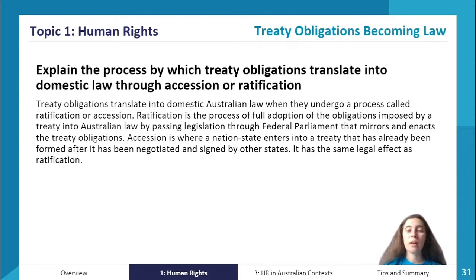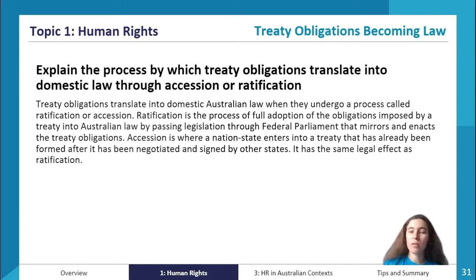And this is the idea of passing that legislation on that federal level that is mirroring and enacting those treaty obligations. On the other hand, accession is where a nation state, such as Australia, enters into a treaty that has already been formed after it has been negotiated and signed by other states. So it has the same legal effect as ratification, but the difference here is just the timeline of when things are happening.